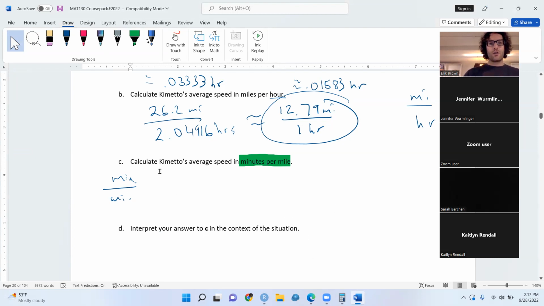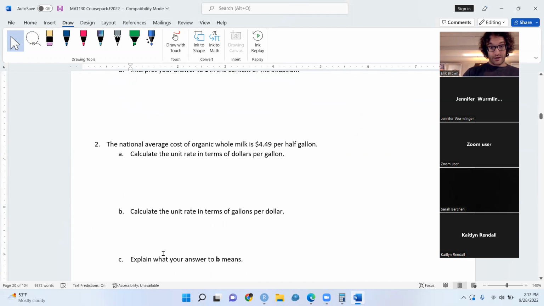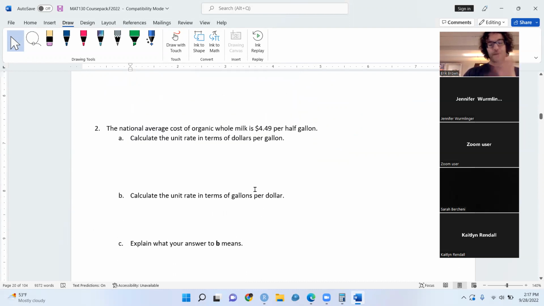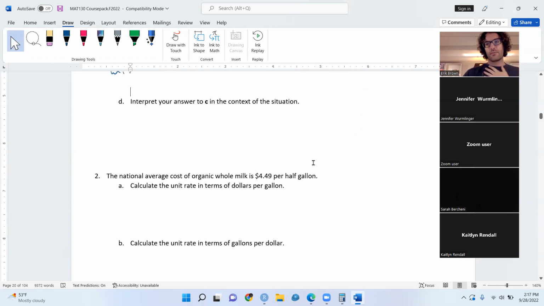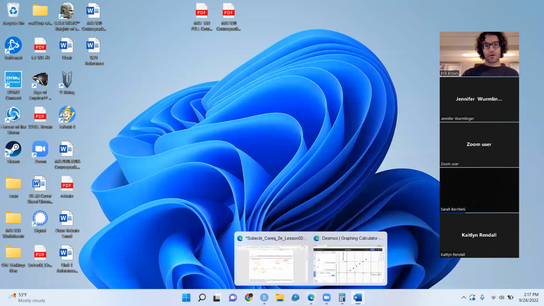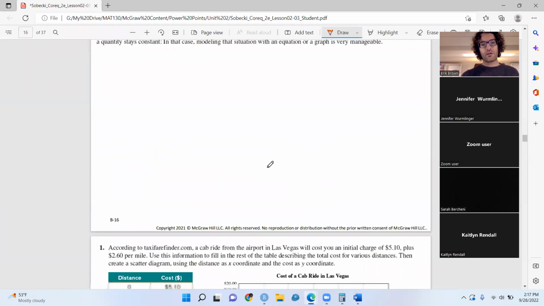Here, I just want to know, what does this number mean that you calculated? So just write a sentence that says what it is. There's not like a when, what, and how much kind of thing for that. And then this here, there's just 2 more unit rate things to write out. I'm going to let you all try that, and then if you get stuck, come ask me. We can do it in class on Monday, or you can come to office hours or whatever. What I want to do is go back and finish this section because there's a little more we got to get to.